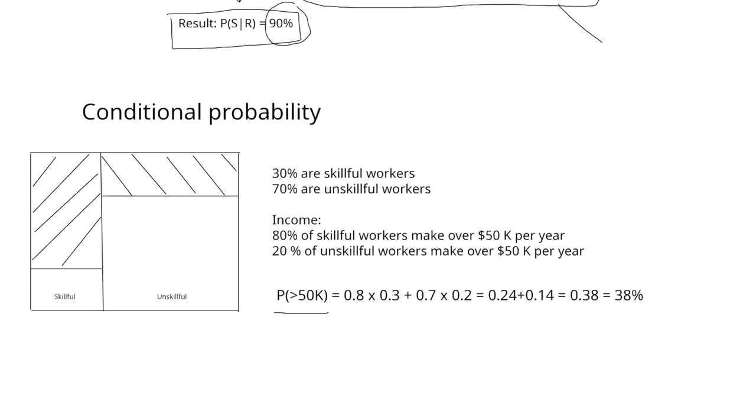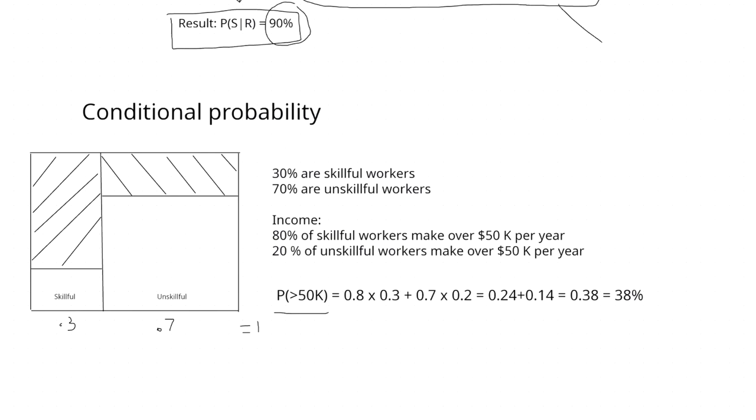So what we do, we take, let's say, a square. Here are skillful workers, it is 30%. So this distance is 0.3, 30%. And unskillful workers in this community, 0.7. So we have 0.7 plus 0.3 equals 1, so it's 100%. This is very, very easy.